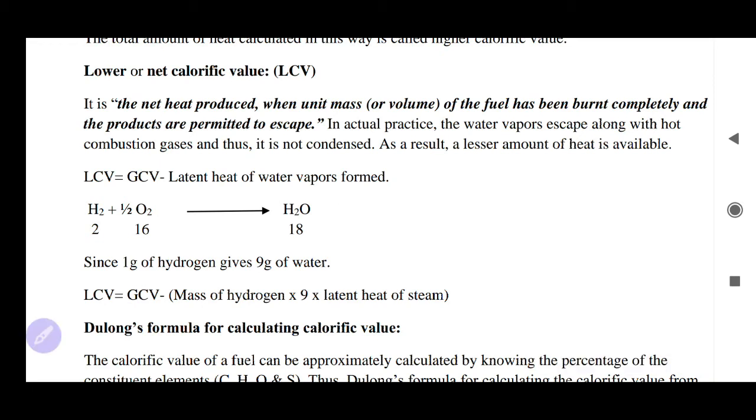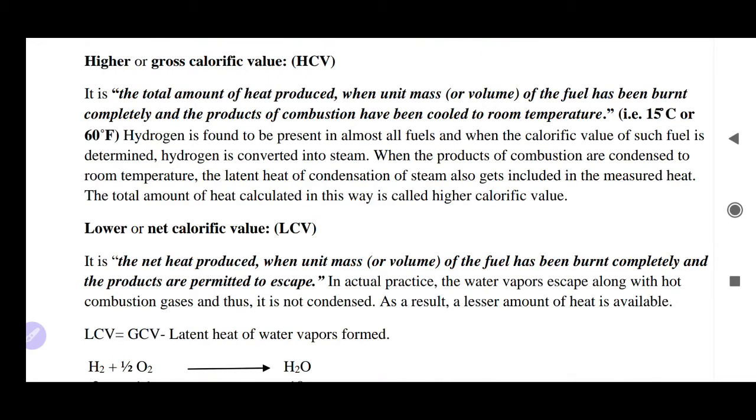And this heat absorbed is called latent heat of evaporation. Now, if we count this heat of evaporation during calculation of calorific value, we call it higher or gross calorific value. And if we don't count heat of evaporation, we call it lower or net calorific value.